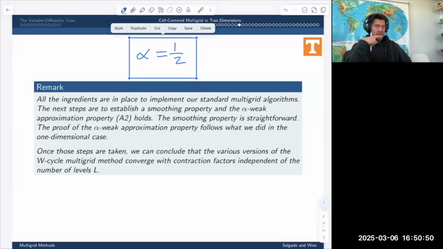That is still up in the air. The V cycle convergence is still an open question in this setting, as far as I know. But we will know that the W cycle multigrid methods converge with contraction factors which are independent of the number of levels. Okay, so that is all completely done for us. The convergence question, at least partially, is answered.